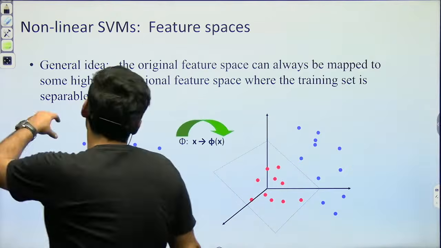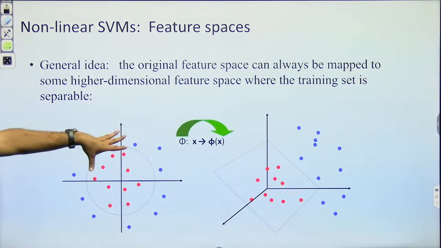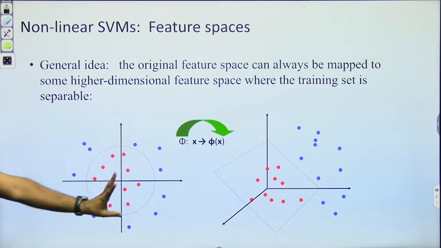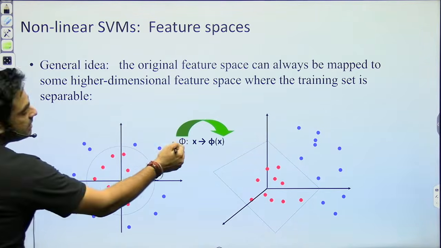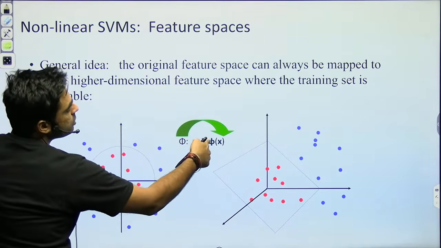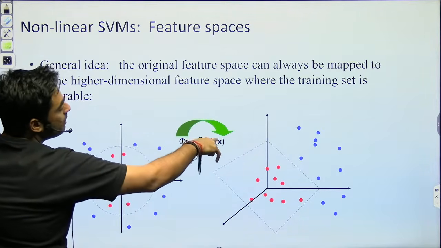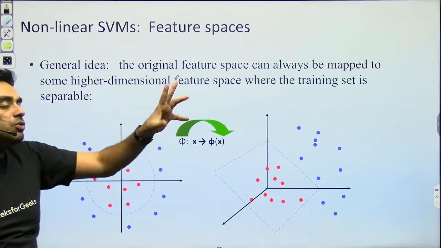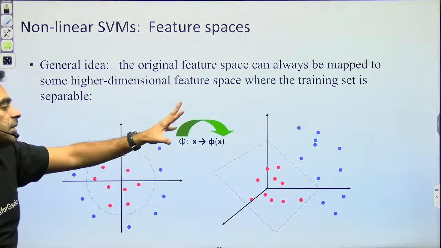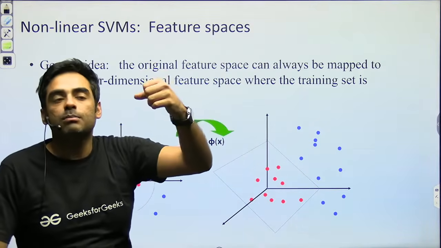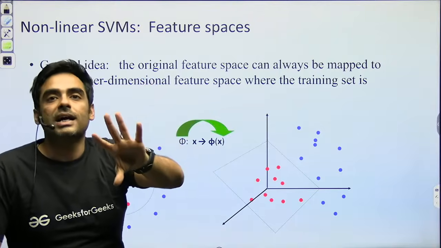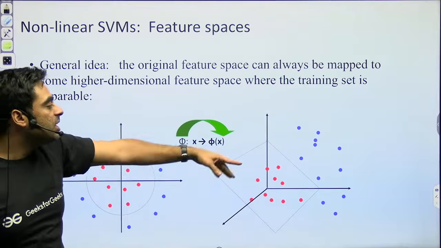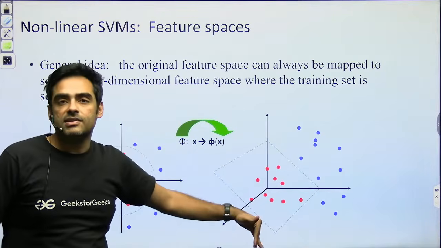For example, this is the scattered data that is non-linear. So this is the mapping function, Phi of x equals, where a different mapping would be done for this x. Suppose this is the data, I would map it using some exponential function or some polynomial function. By whatever means, I have to transform this data so that I can get a plane using which I can separate the two classes.